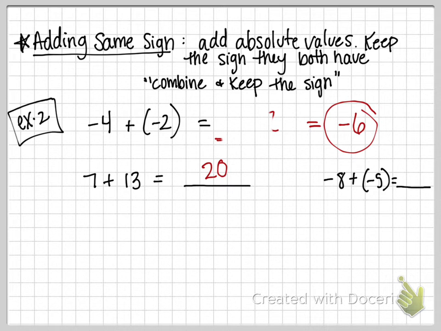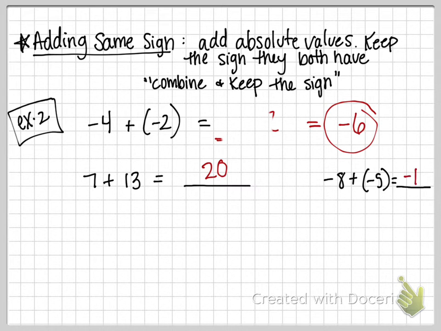Here's another one. -8 plus -5. These have the same sign. So we look at just the absolute value. We ignore the signs. We add. And we put a negative on our answer. What'd you get, Hazen? -13.